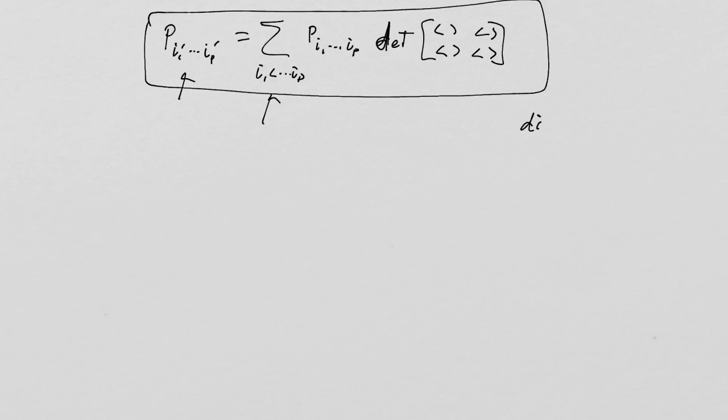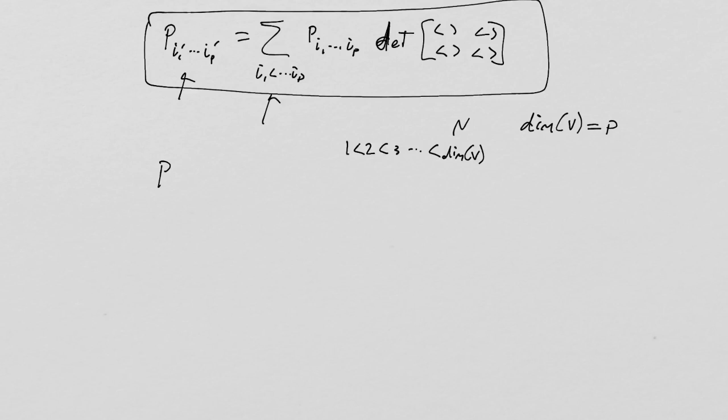If the dimension of V equals P, then there's only one ascending sequence, and it goes 1 less than 2 less than 3 dot dot dot less than the dimension of V. So we'll call this N. So that's the only sequence, so this sum only has one term.